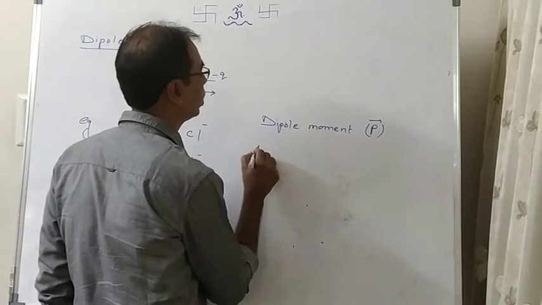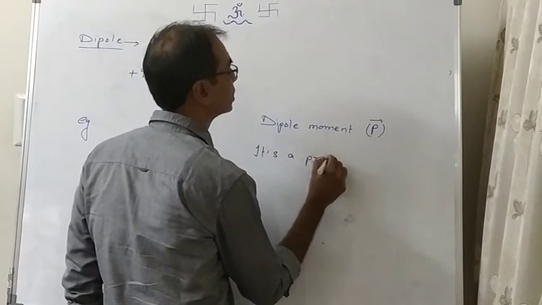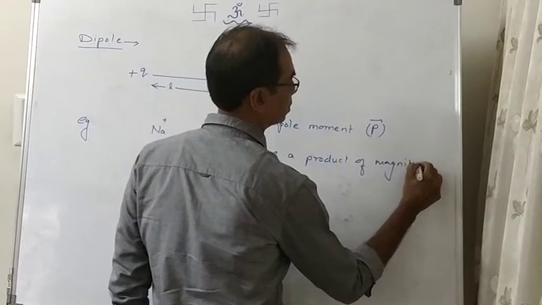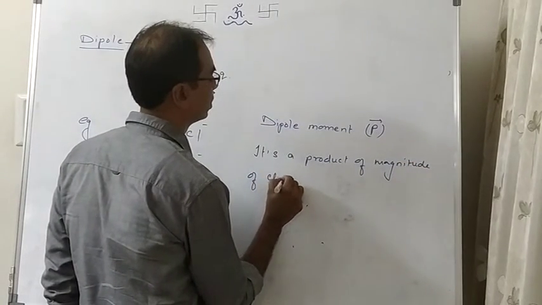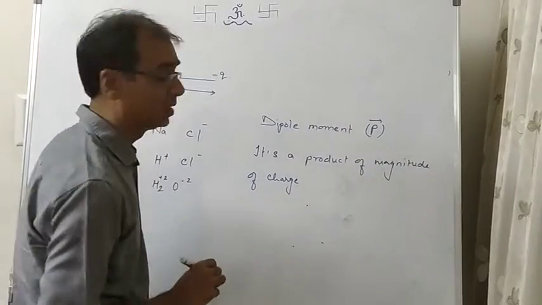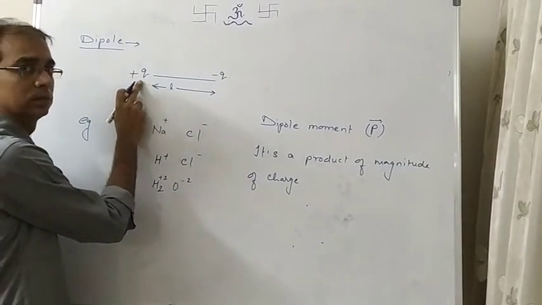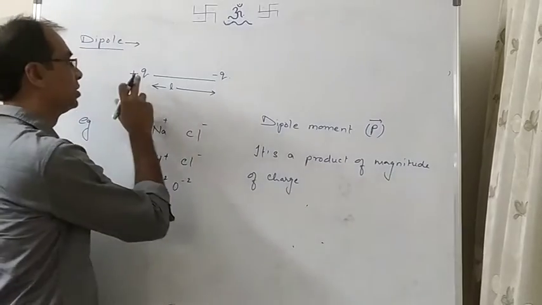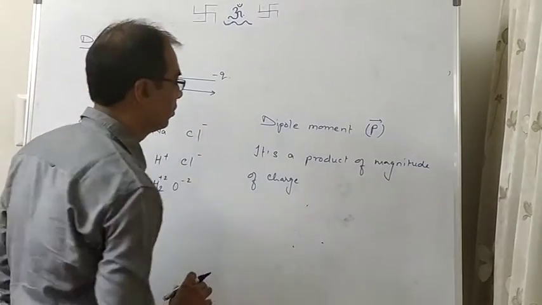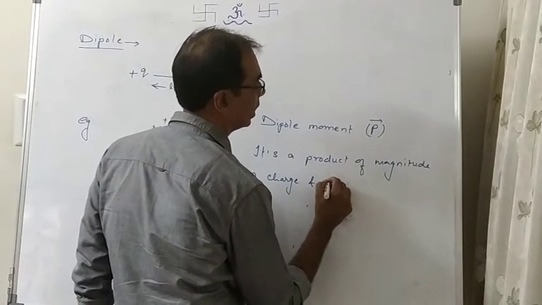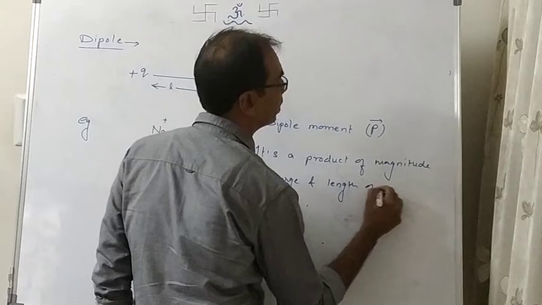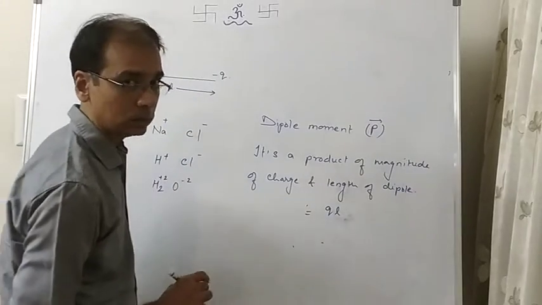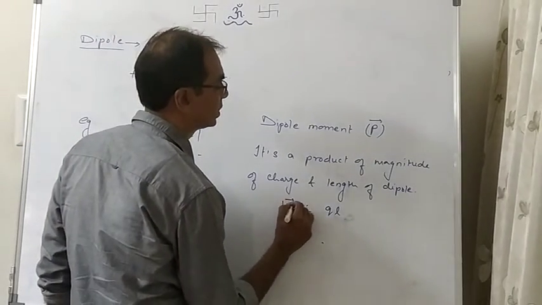It's the product of the magnitude of charge and the length of the dipole. The magnitude of charge is Q. If you took the total charge of the dipole, it would become 0, but we are not talking about the total charge, so it is plus Q. And the length of the dipole is L. So we will say that it is Q into L. At the moment, I am writing it like this. It's the magnitude.